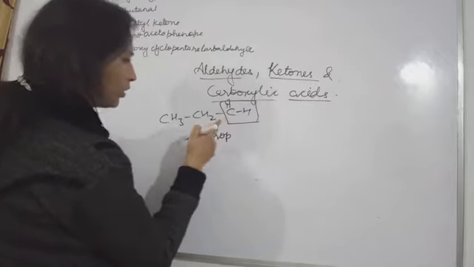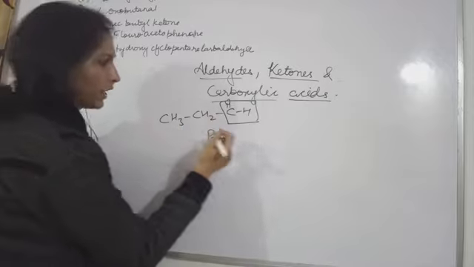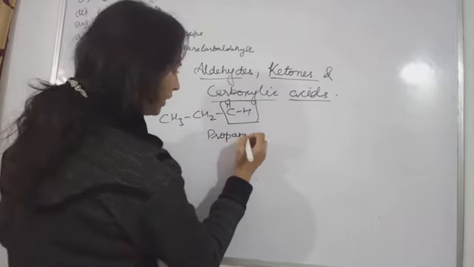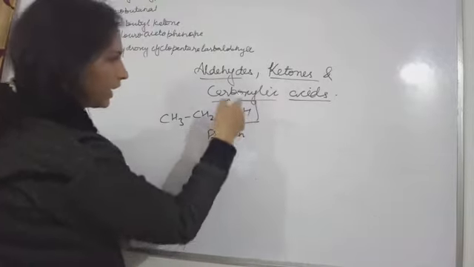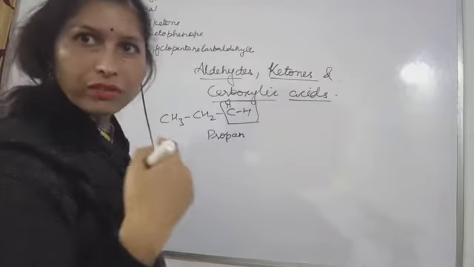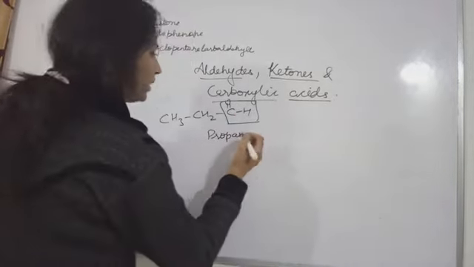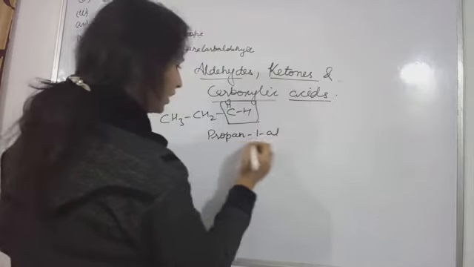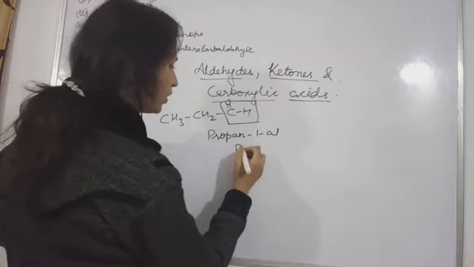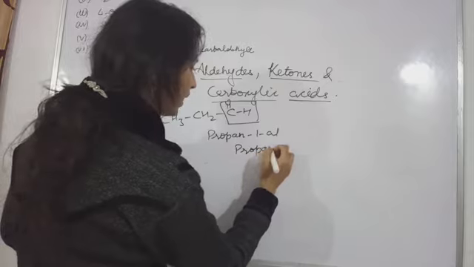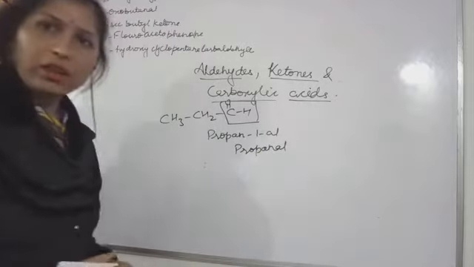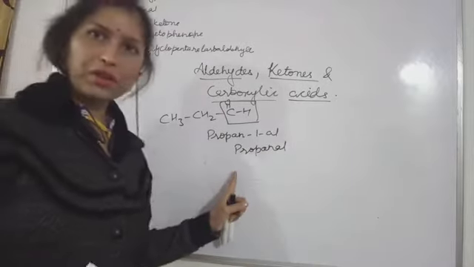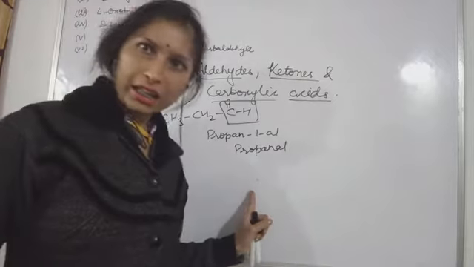Because all are single bonds, it is ane, and since this is the aldehyde group, we give the suffix al. So this is propane 1-al, but instead of writing 1-al, we can also write this compound as propanal.